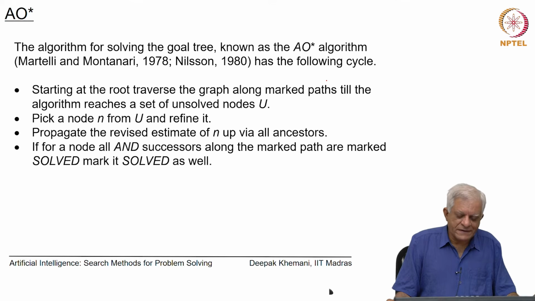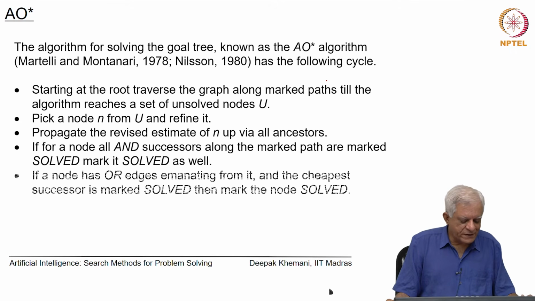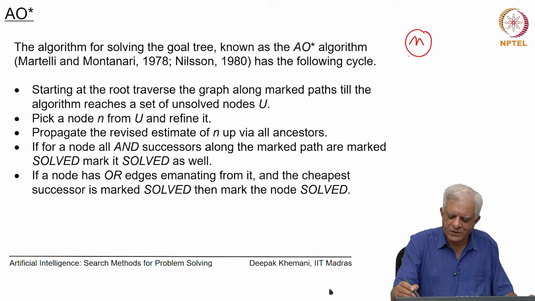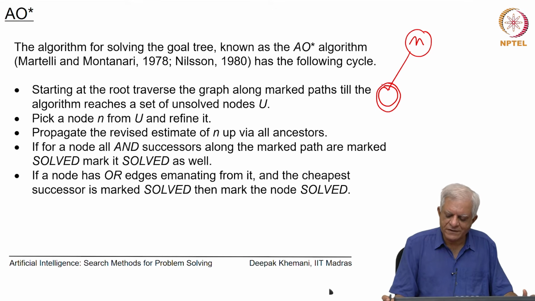For a node, if all its AND successors along the marked path are marked solved, mark it as solved as well and propagate it up. If it has OR edges emanating from it, and the cheapest successor is marked solved, which means that the best choice is leading to a solved node, then you can mark it solved. So, a node n can be marked solved if the best OR choice is marked solved. We will use double circles to mark it as solved.